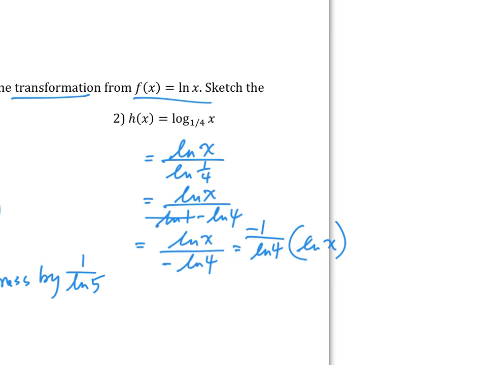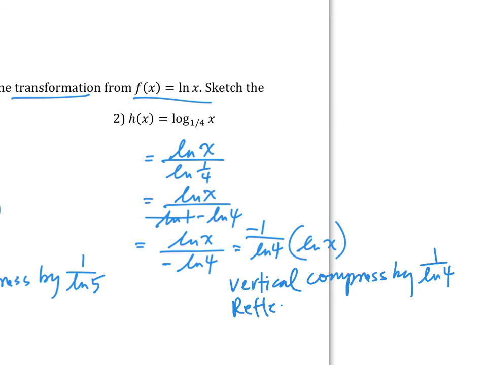So that is less than 1. So this is going to be a vertical compress by 1 over natural log 4. And then that negative, because it's outside of the function, that is reflect x-axis.